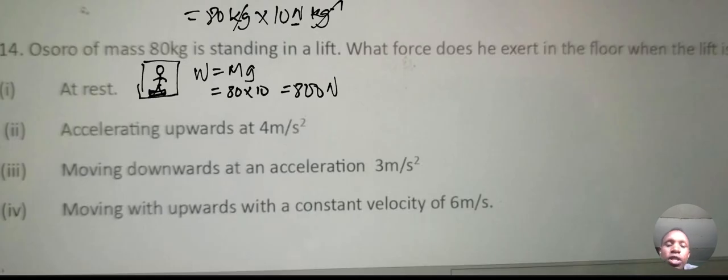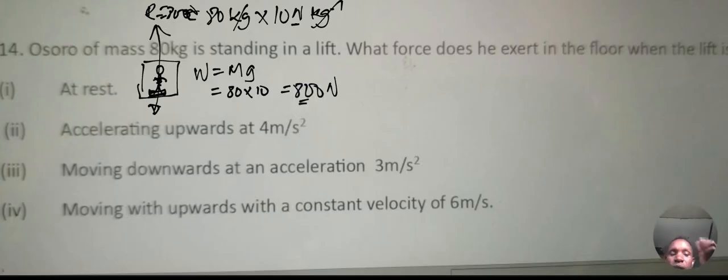Now, this is going to change if the lift accelerates upwards. This 800 newtons is actually the reaction on Osoro. Remember, there will be a reaction of 800 newtons, while the action will be the weight, 800 newtons.